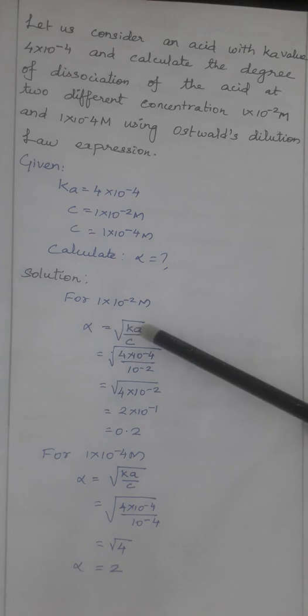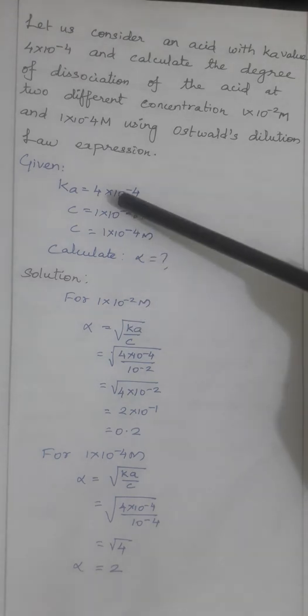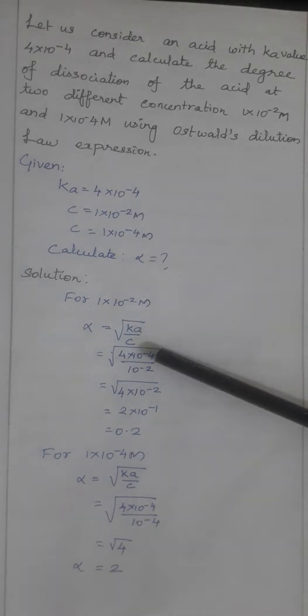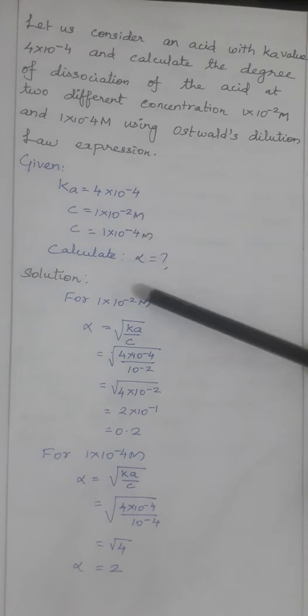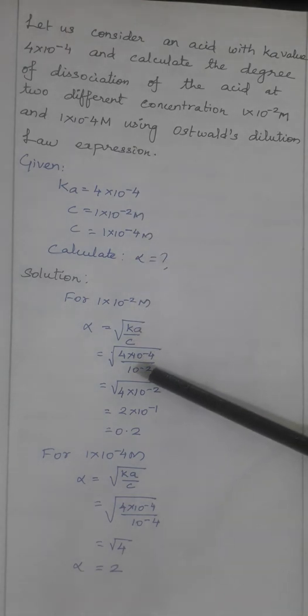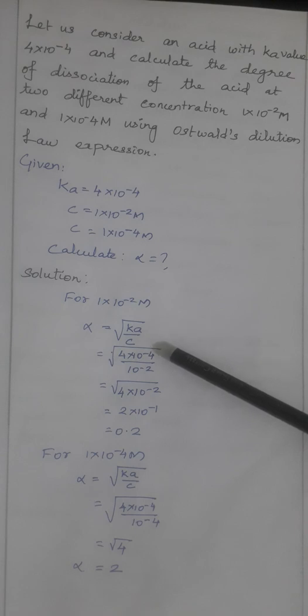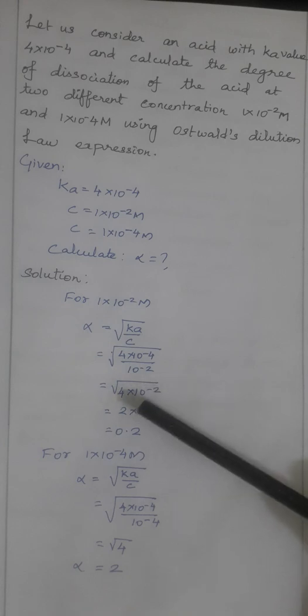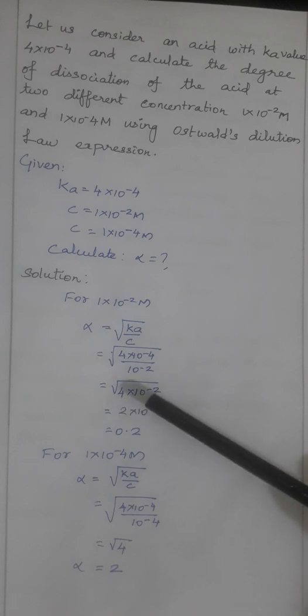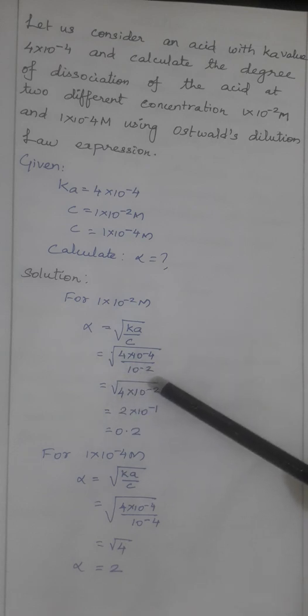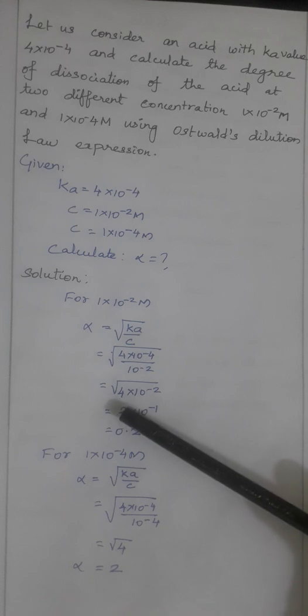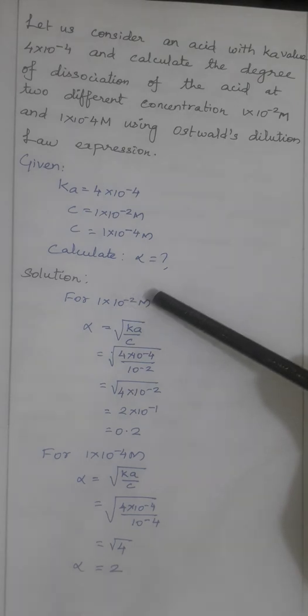Alpha is equal to root of Ka by C. Ka is 4 into 10 power minus 4 divided by C, the first concentration, 1 into 10 power minus 2. 10 power minus 2 cancels, remaining 4 into 10 power minus 2. What is the value of root 4? 2. What is the value of root of 10 power minus 2? 10 power minus 1. So 2 divided by 10 is equal to 0.2 in the first concentration.